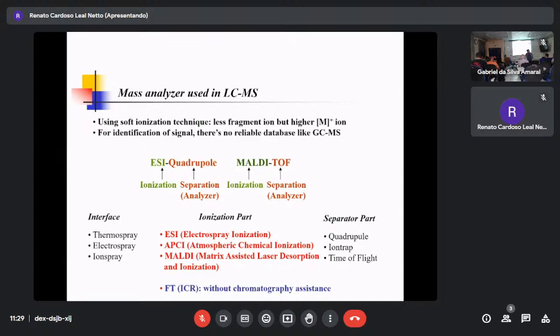Lipid, a non-polar material, is ideally well ionized by APCI. Most water-soluble compounds are well ionized by ESI, but in practical situations ESI is more often used in development. That's my comment.